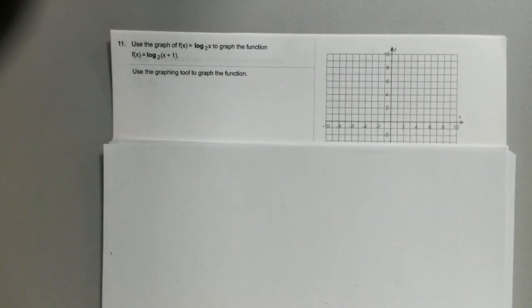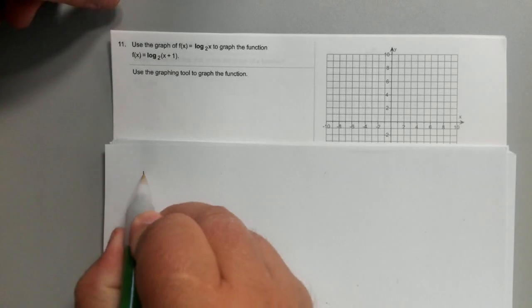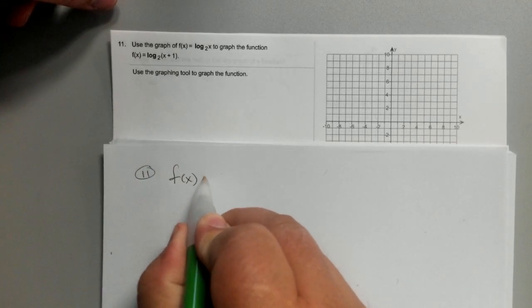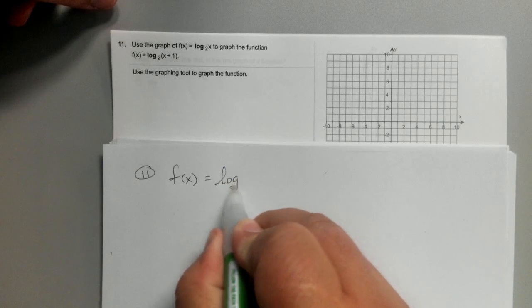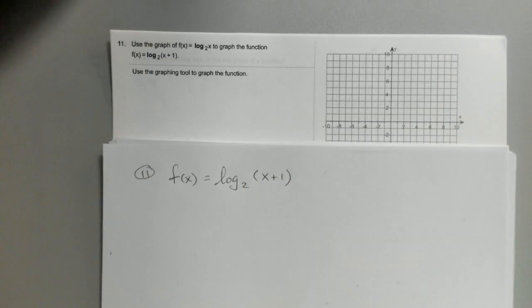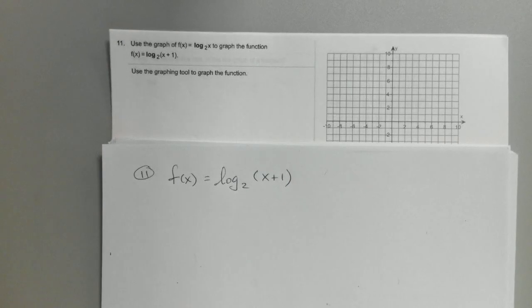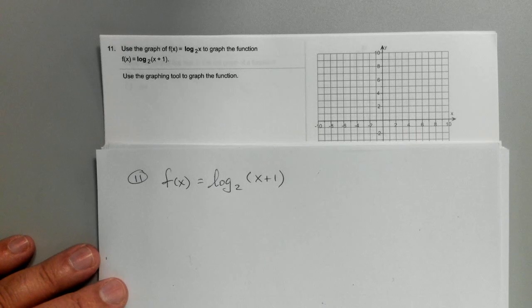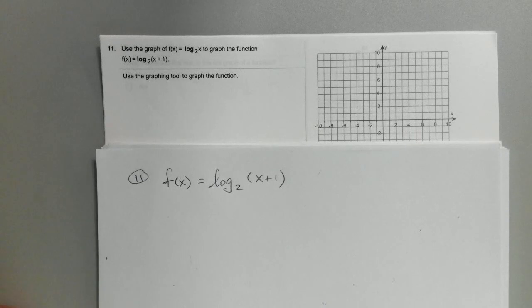Okay, the next one. Use the graph of f of x equals log base 2 of x to graph the function. So what's happening with this graph? One to the left, on the negative.